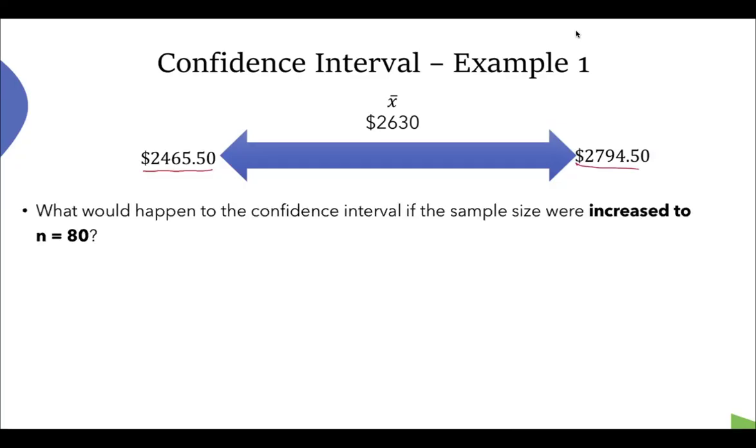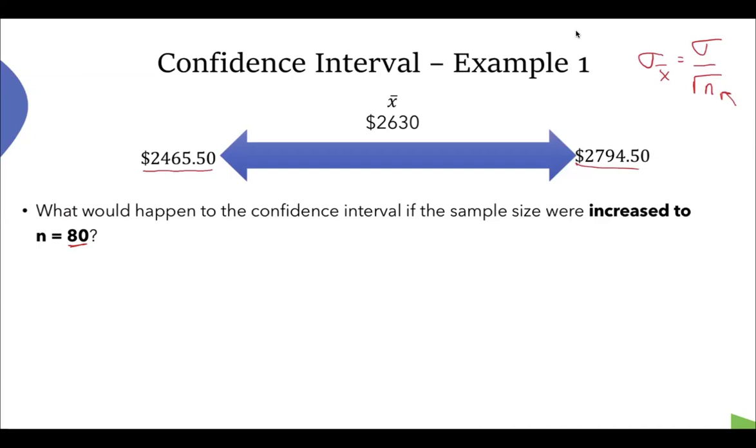Now, what if we were to take our sample size from 36 and increase it to 80? So imagine what happens to the sampling distribution when we increase our sample size. When we do that, the standard error, which we've seen in the formula, and we've also seen it visually using Desmos, decreases.